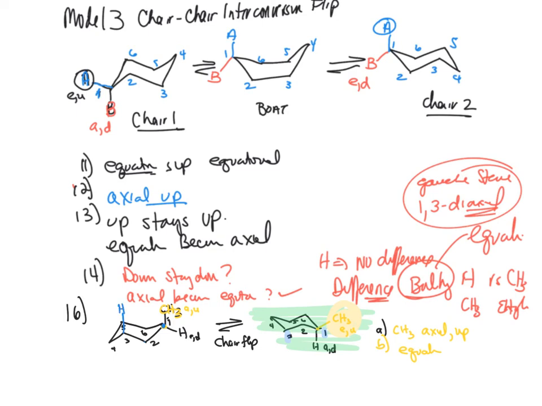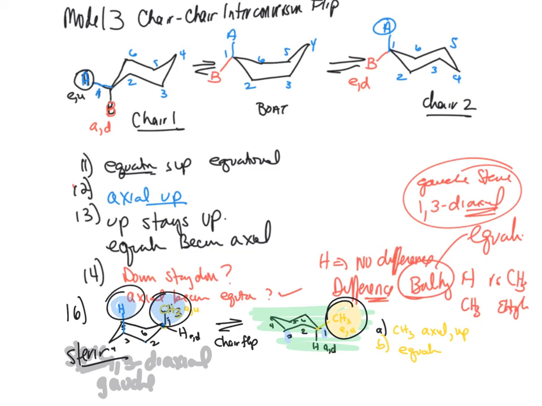If you made a model, you would see that as this group here is rotating, it would be clashing with that hydrogen there that's at the 1,3. So this one has 1,3 diaxial gauche interactions. This is a steric. You'll find that most things are either steric driven or electronic. So here, when it's in the equatorial, you do not have these steric interactions.